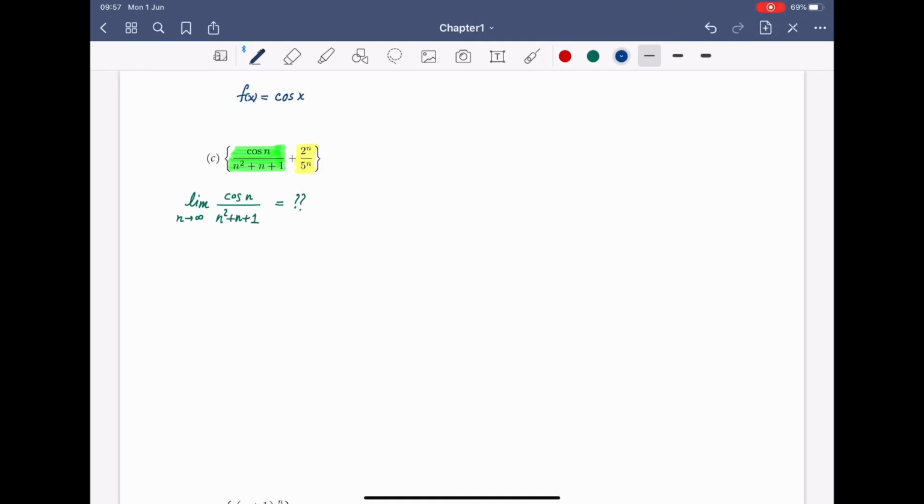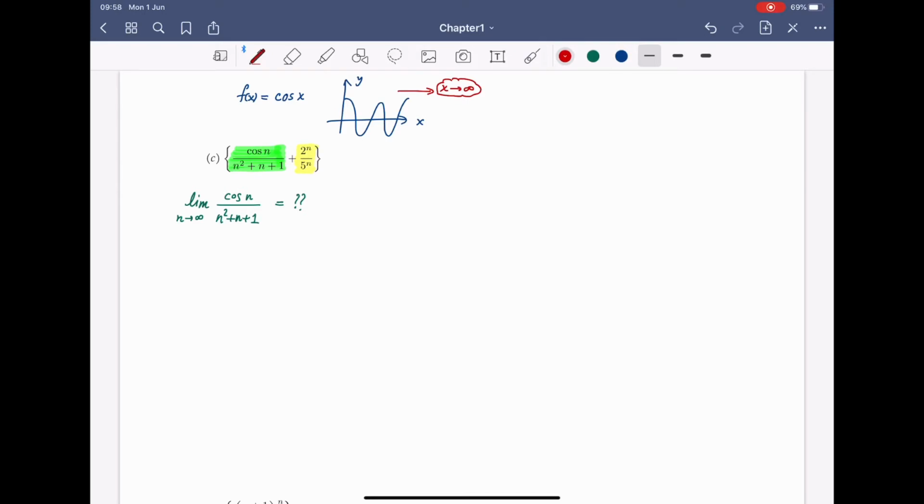If you graph it, this is the graph of cosine, and you can see that as x goes to infinity, the graph of cosine oscillates between -1 and 1. So we have no limit for cosine x.